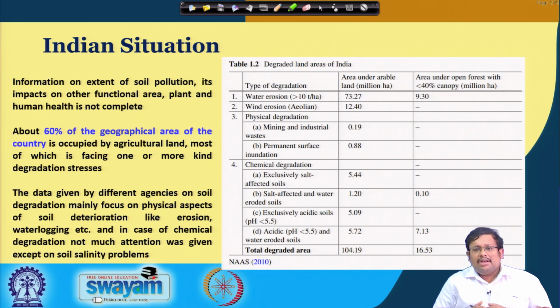However, apart from soil salinity, there has not been any focus on other chemical aspects of soil pollution. So, it is very necessary to understand the different chemical processes involved in soil pollution and how to mitigate them.